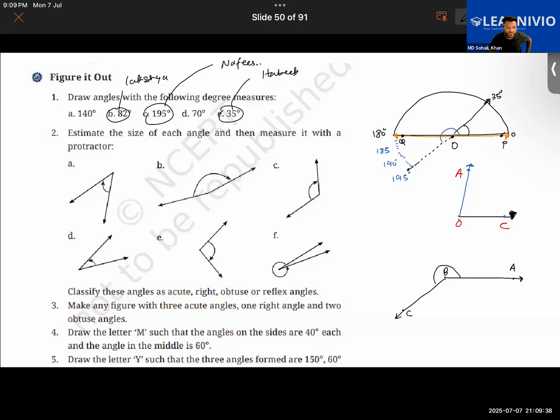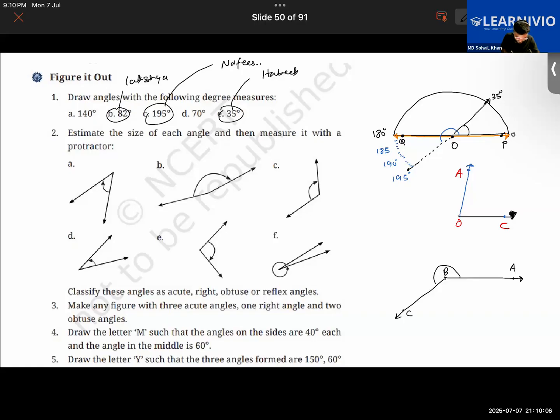So we have to first estimate what could be the measurement of this angle. Let me tell you, angle A here in figure A. Maybe 50, 60 degrees or 40 degrees, right? Make a rough guess. That's 40 or 45 degrees.